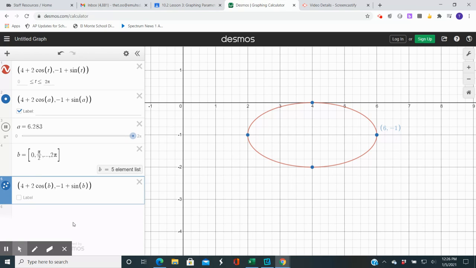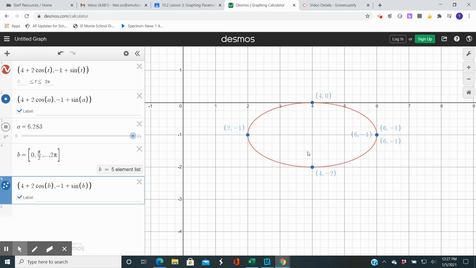Just change the parameter from t to b, and you see 4 points showing up on the ellipse corresponding to 4 values of the parameter 0, pi over 2, pi, 3 pi over 2, and 2 pi. That's actually 5 values of the parameter. And then you can click label, and you can see that these points are labeled on the ellipse.